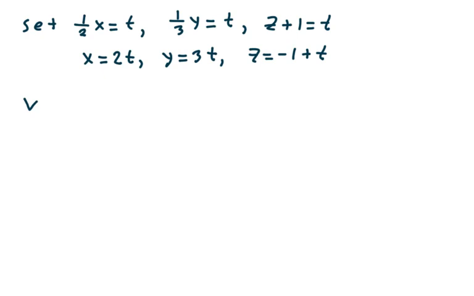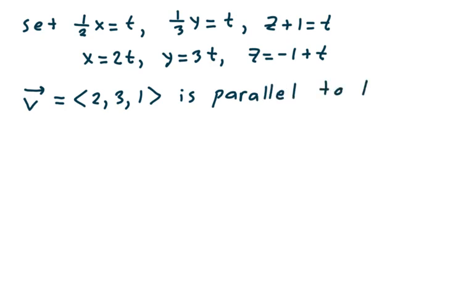Now, v is equal to the vector 2, 3, 1. I just looked at the coefficients of t. This vector is parallel to the line 1/2 x equals 1/3 y equals z plus 1.